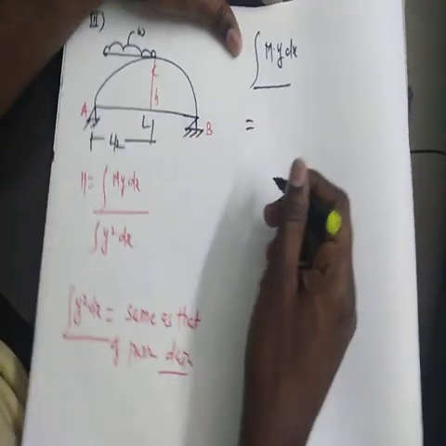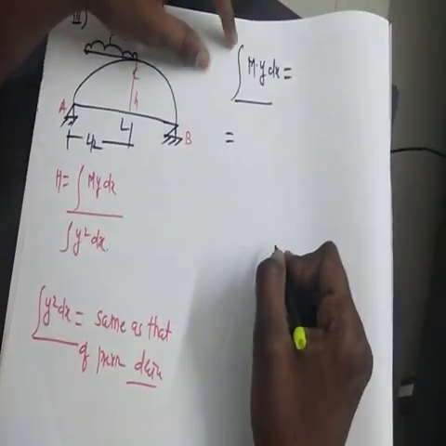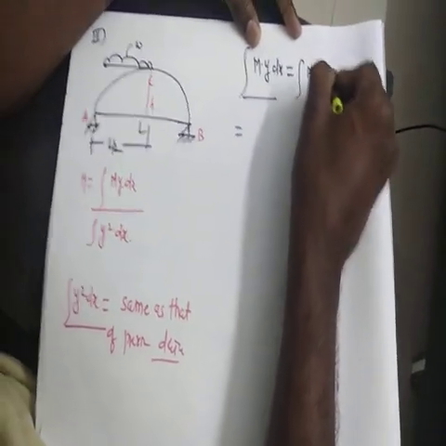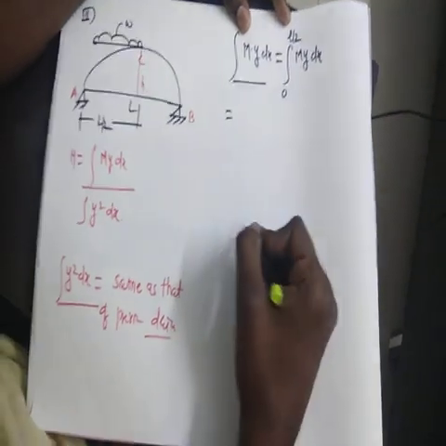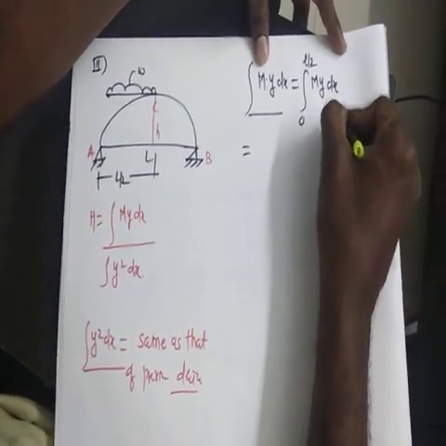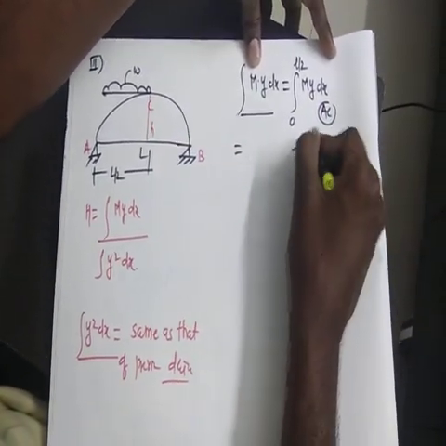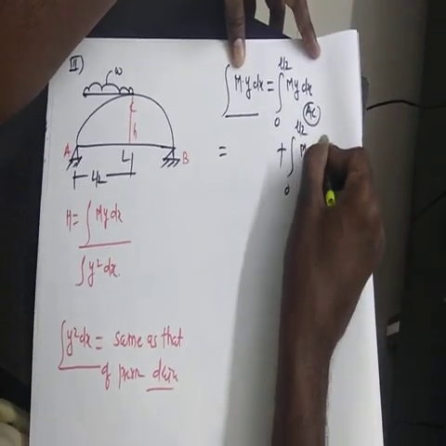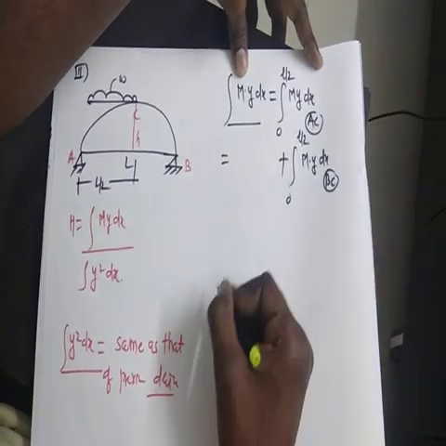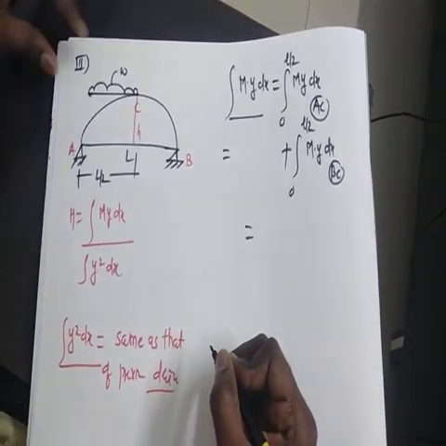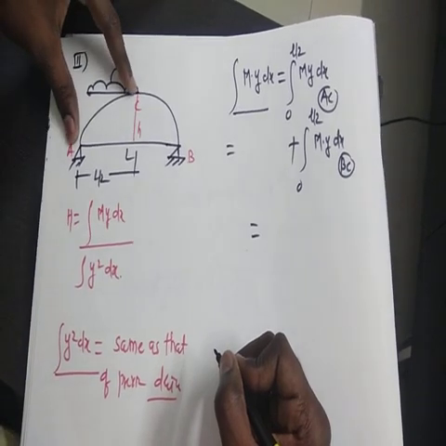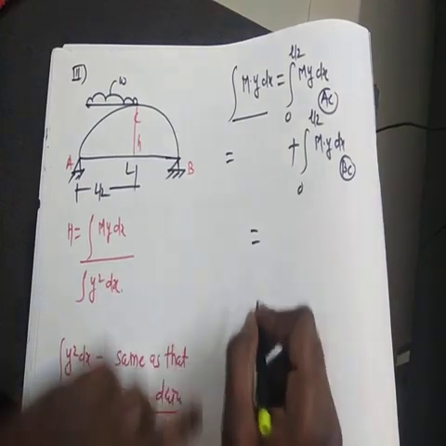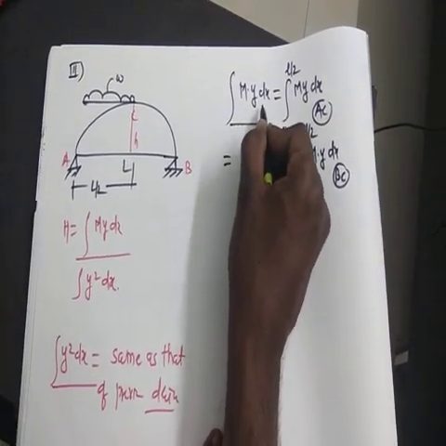So that's why integration m y dx is equal to integration m y dx from the limit 0 to L by 2 for the AC portion, plus integration 0 to L by 2 m y dx for the BC portion. Means we have to perform the integration m y dx for the AC portion first, add integration m y dx for the BC portion, make the summation, then you will get this integration m y dx.